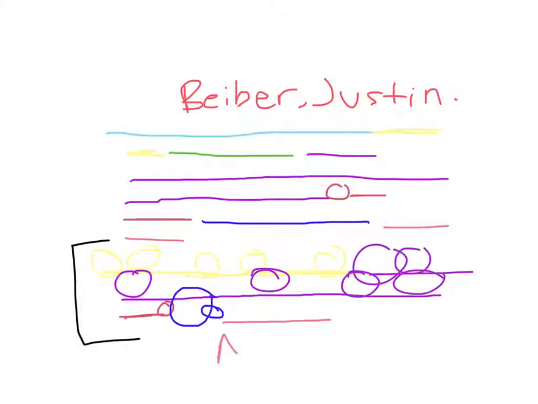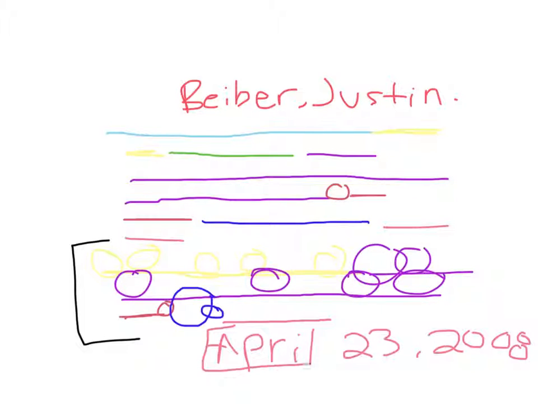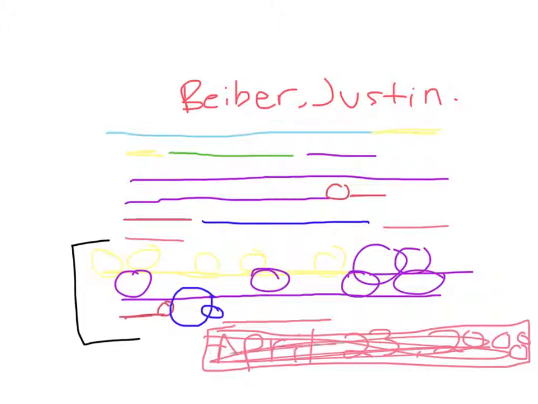You see how they didn't write April 23rd, 2008 like we usually would? This right here is how we're used to writing our dates, but that is not what we need to do for our bibliographies. Always make sure you put the date in this format where it's the day, so 23, the month, abbreviated, APR period, and then the year, 2008.